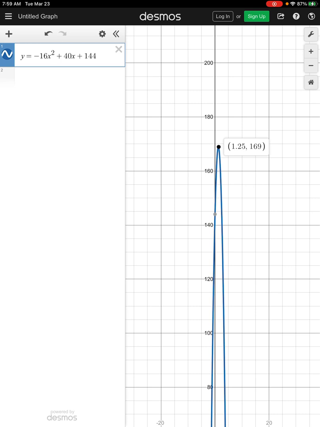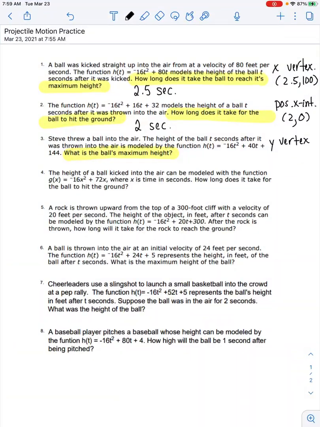Okay, so 1.25, 169 is our vertex. What is the y value of that vertex? It's 169. And it looks like they were talking about feet. It doesn't say it, but usually we measure height in feet. So this ball's maximum height was 169 feet.